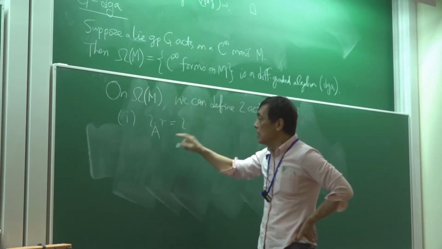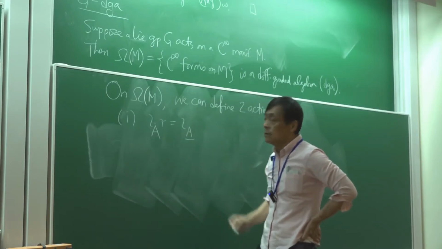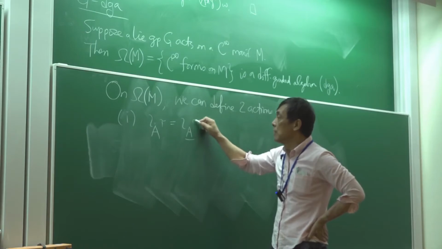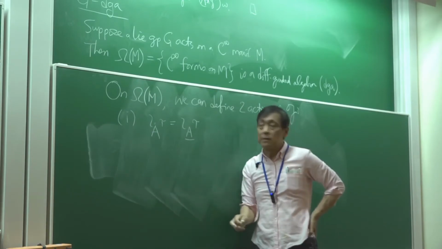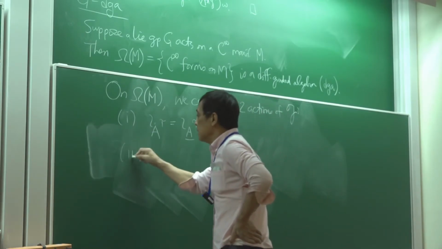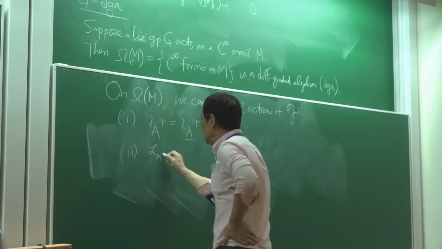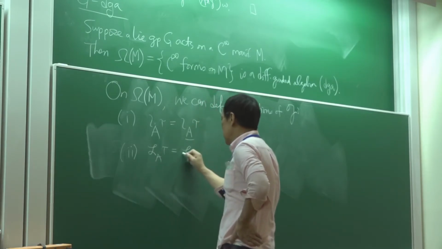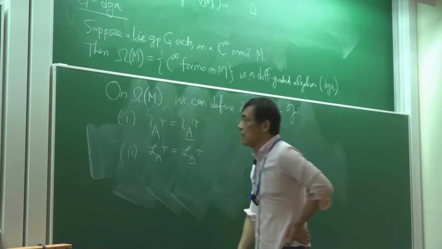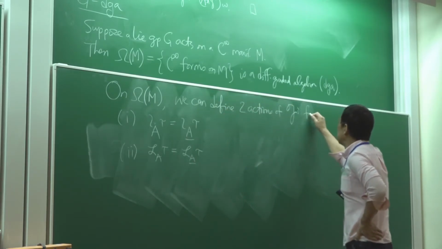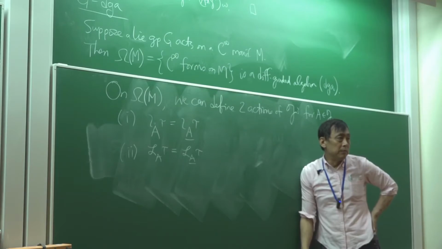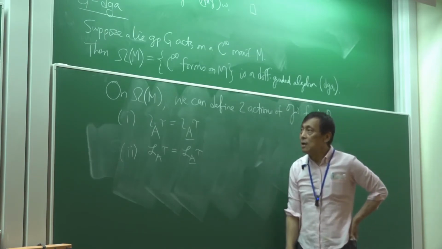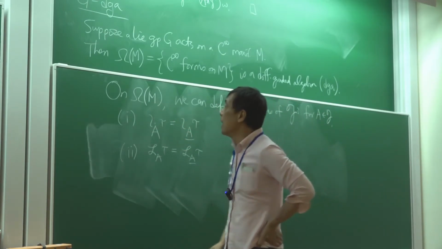This A gives you a fundamental vector field, A bar, so you can take the interior multiplication of tau with respect to A bar, and then you can take the Lie derivative. So for A in the Lie algebra, you can define these two actions of the Lie algebra on omega n.